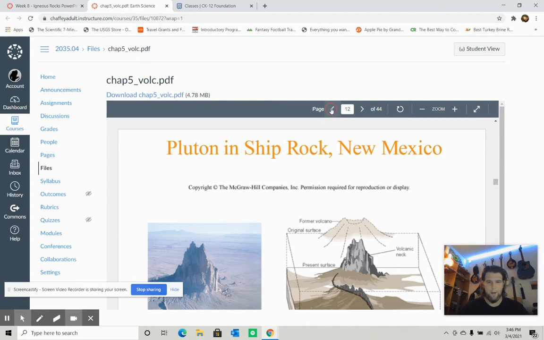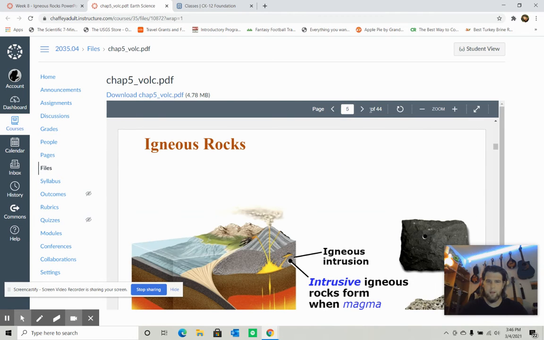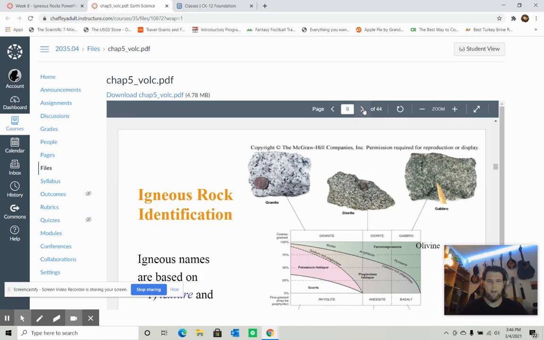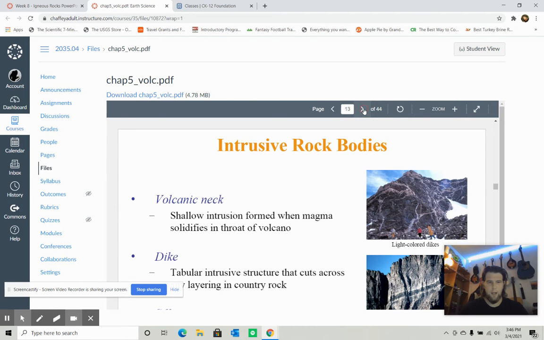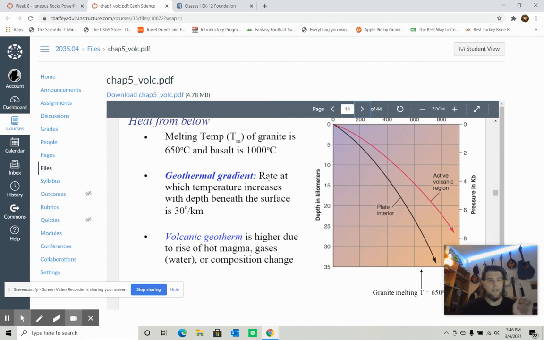I was just looking for the geothermal gradient. Oh, there we went. I went right by it. So it says the rate at which the temperature increases with depth. So you can see even from this graphic, as we go down into the Earth, the temperature increases.